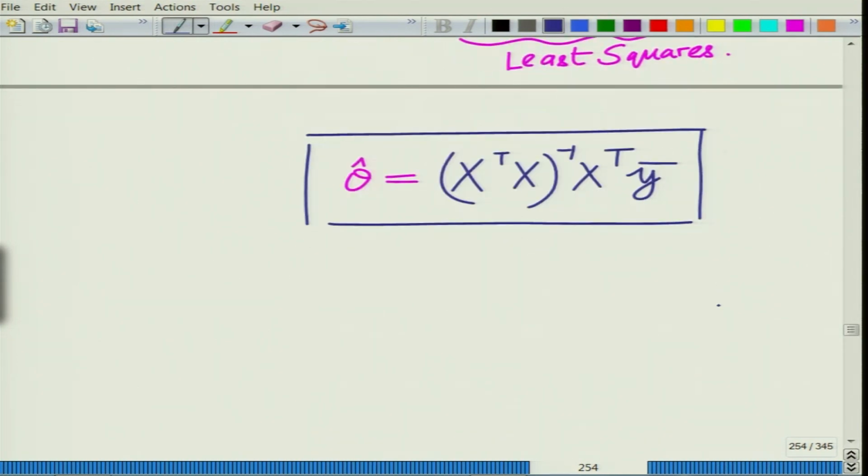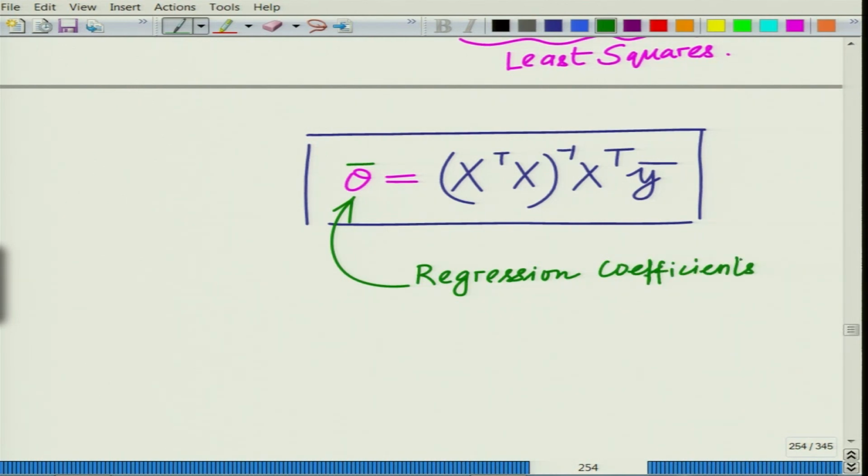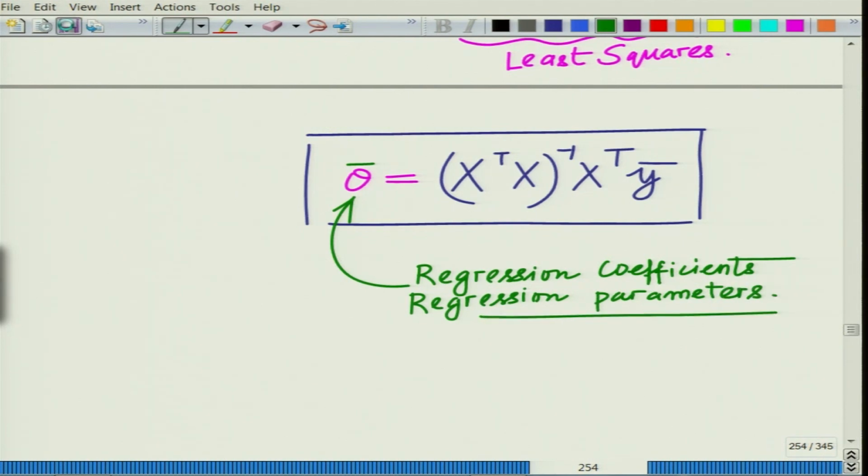So, this is essentially your theta hat, or we can simply call this theta bar, which is your regression coefficients, or you can also call this the regression parameters, all right.